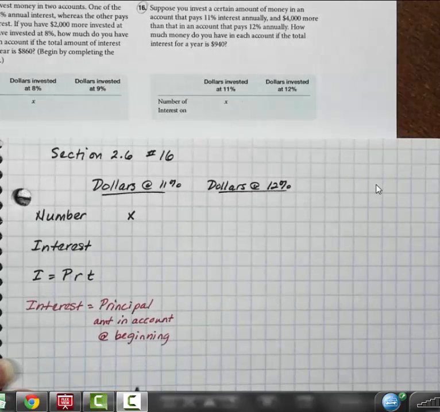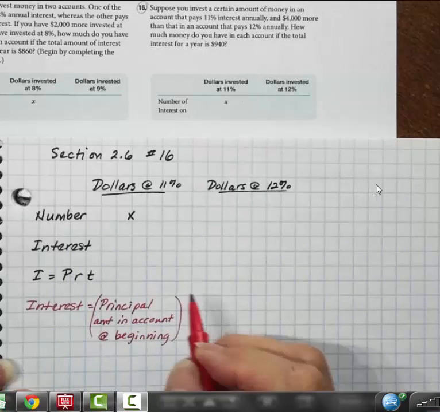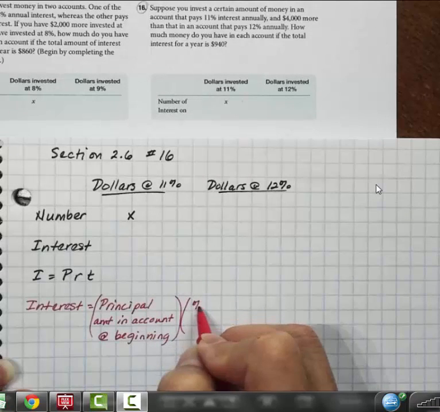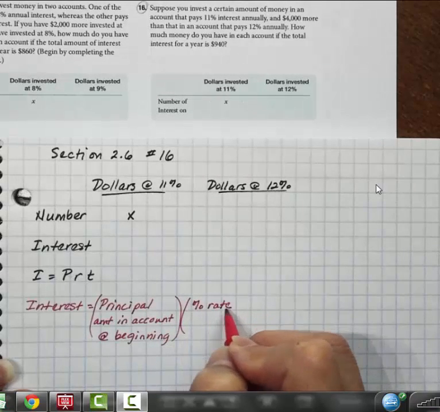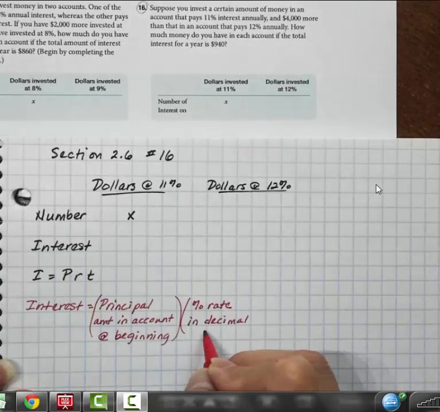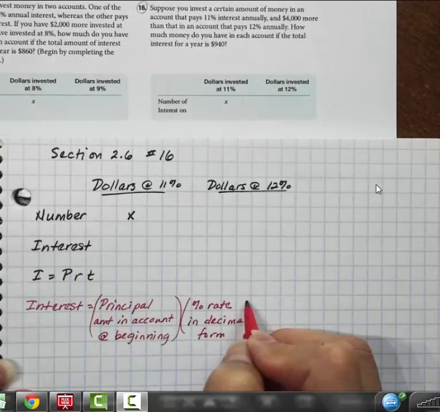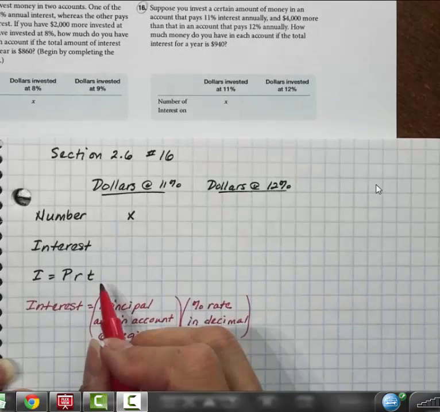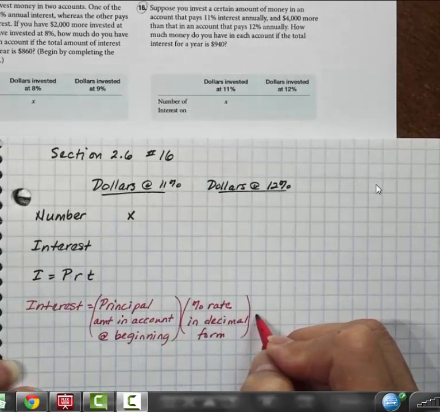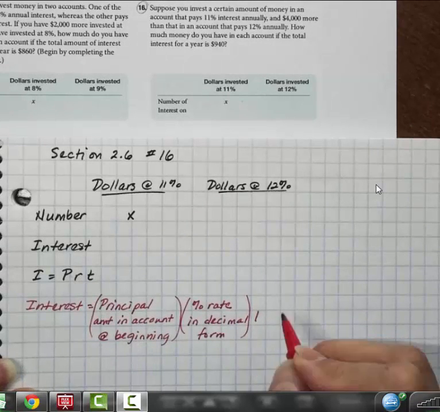And then we're going to multiply that times the rate, so this is your percentage rate in decimal form. And then we're going to multiply it times the time. We're always going to be talking about a time of 1 year, so we're always going to be multiplying this by 1. T stands for your time.